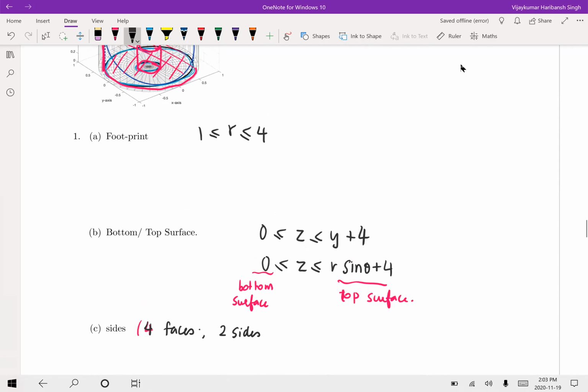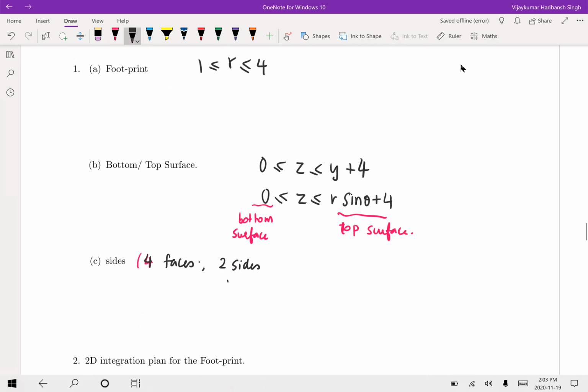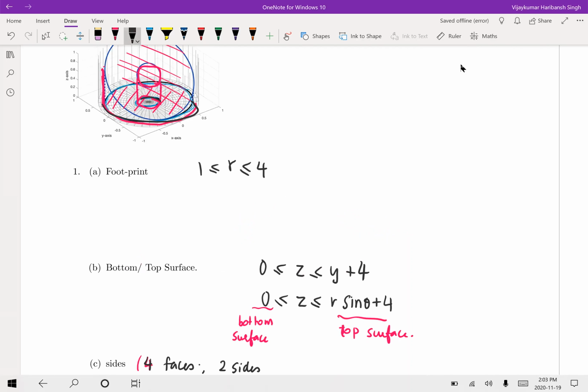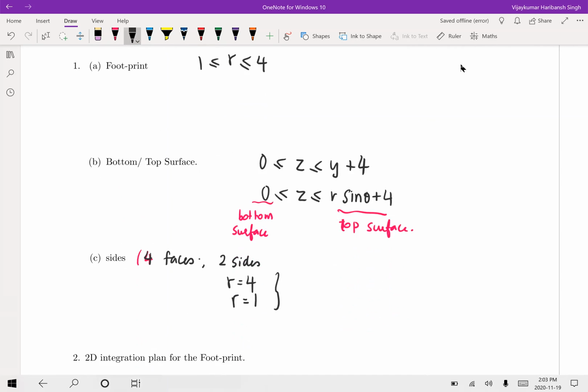What are the sides? First side is the outermost cylinder, which is given by R equals 4. The inside one is R equals 1. And these have no Z in them. Right? So we can integrate that.